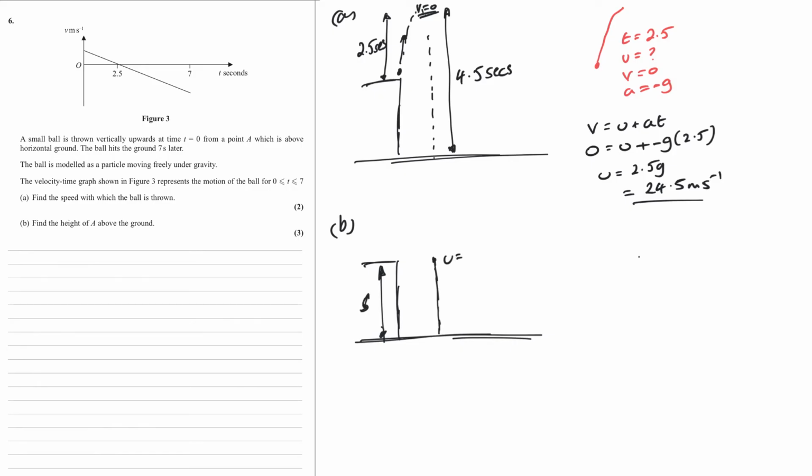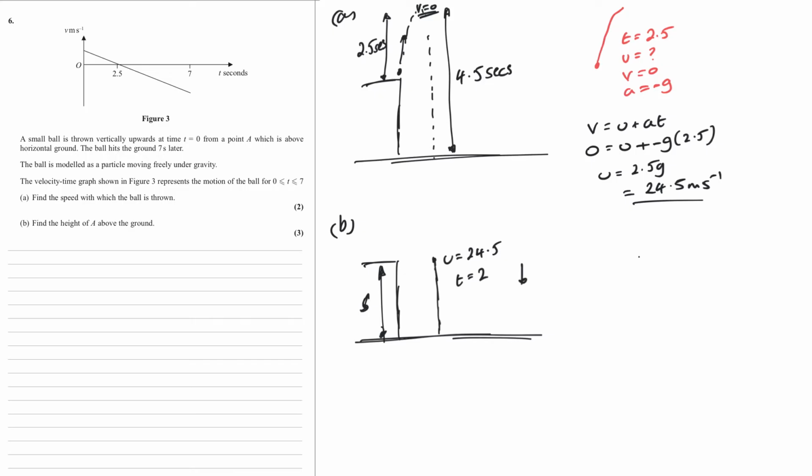Because we're not thinking about any air resistance, when it goes from 0 back down to here, it's going to be going the same speed at this instant as it was at this instant. So if we're heading down, U is 24.5 meters per second going down. T is going to be that 4.5 seconds minus 2.5 seconds. So T is going to be 2 seconds for this section.